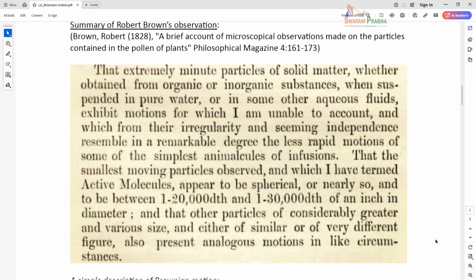So what it says is that he conducts this very long experiment, and then finally he concludes this. Okay, I'll read it for you.